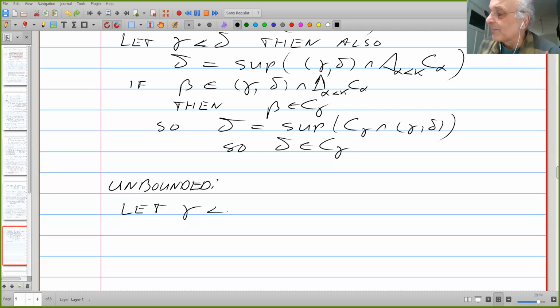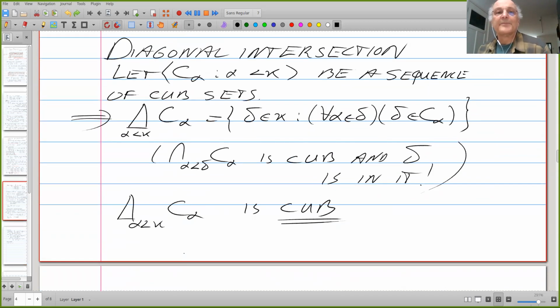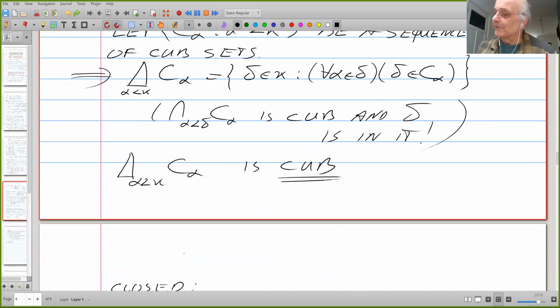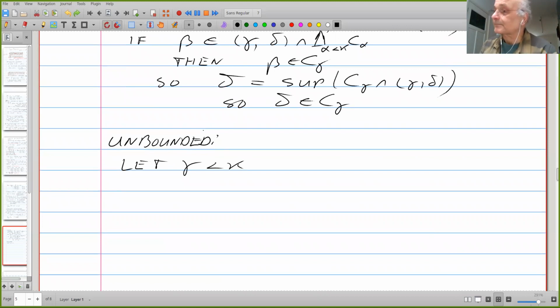let gamma less than kappa. And now let's go back to what I just said a few moments ago. If I take some element of kappa and I intersect all the C alphas where the index is less than that member, so in this case that was delta, then that set is club. Okay, lovely. We're going to be using that.